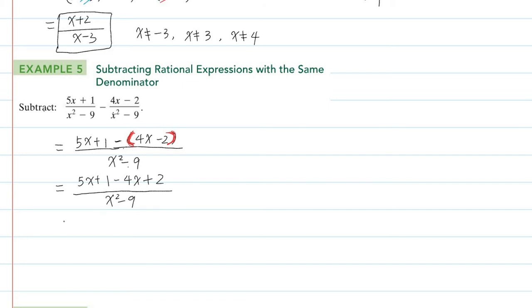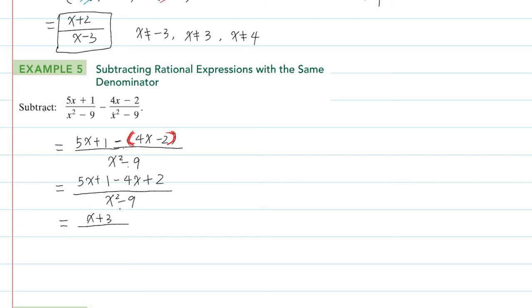Then we're going to collect like terms. You're going to have x, and plus 3. So remember, step 1, when you subtract, you must put the parenthesis there. And then take it out from the parentheses, and simplify the numerator.